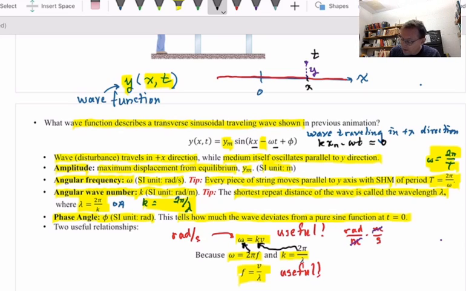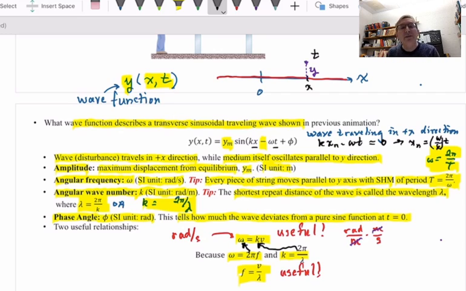I solve that for the location of that node, and it tells me x node equals omega over k times t. I can think of that thing in front of the t as how fast the node is propagating and in what direction. Since it's positive, the node is traveling in the positive x direction.